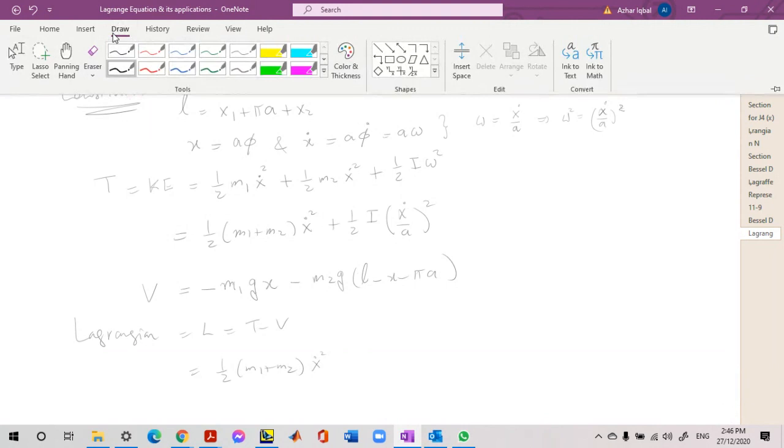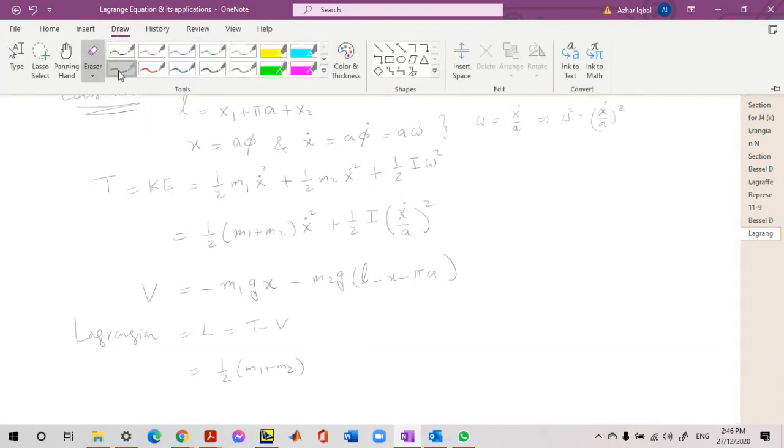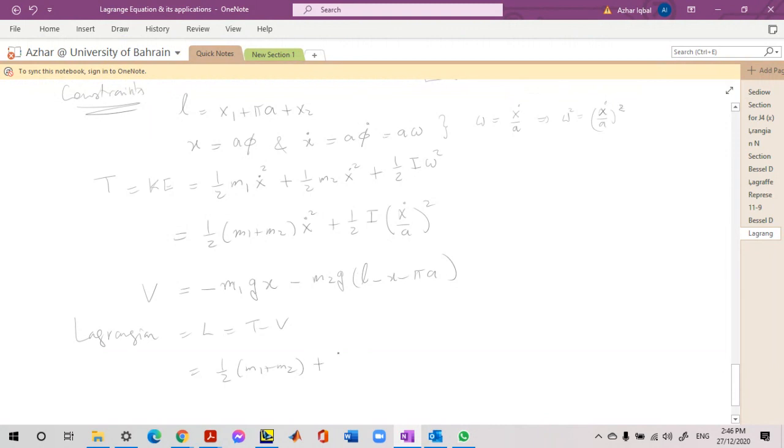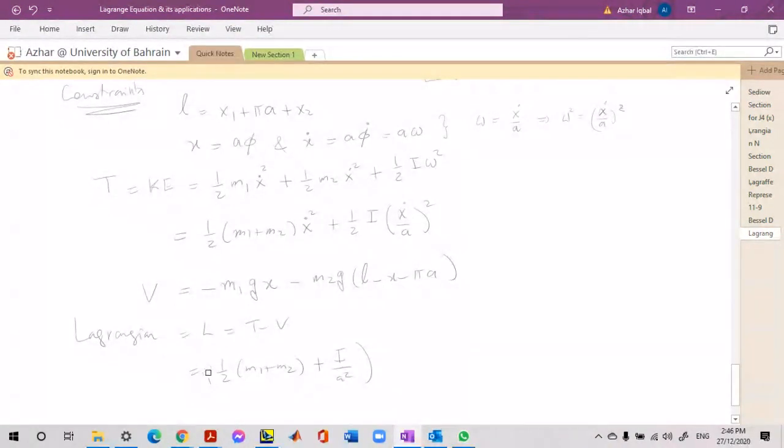In fact, if I combine the two terms together, I can write them in a more compact way by putting I over a square and putting that in the bracket, with the half as well.